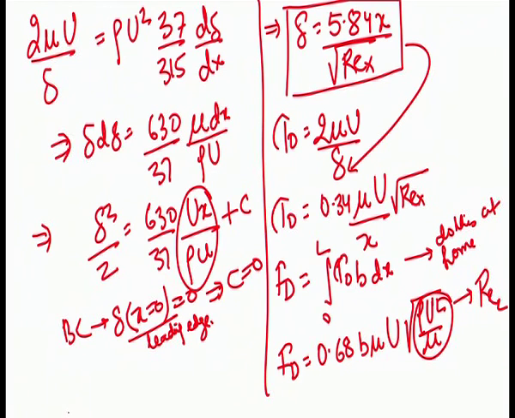Lastly, what remains is the drag coefficient. CD is given by FD divided by half rho A capital U square. All right, FD, you know, everything is known. I'll just show it in a little more detail.